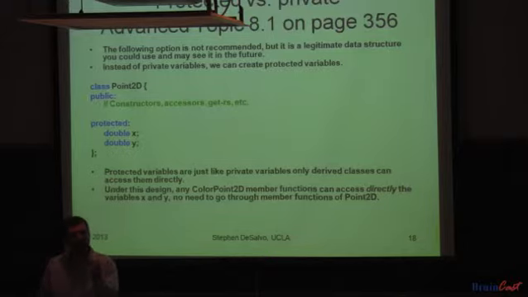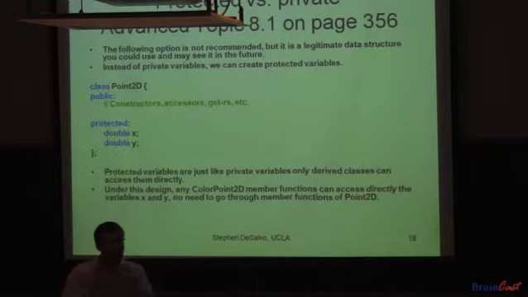What if there was a way to say, unless you're a class derived from the point 2D class, think of me as private. But if you're going to be inheriting from the point 2D class, then you can access x and y directly. Okay? That's what protected does.